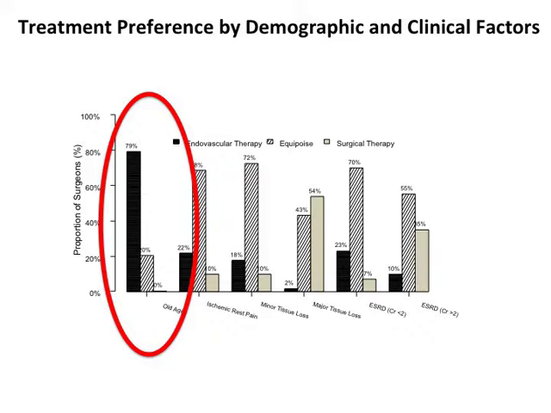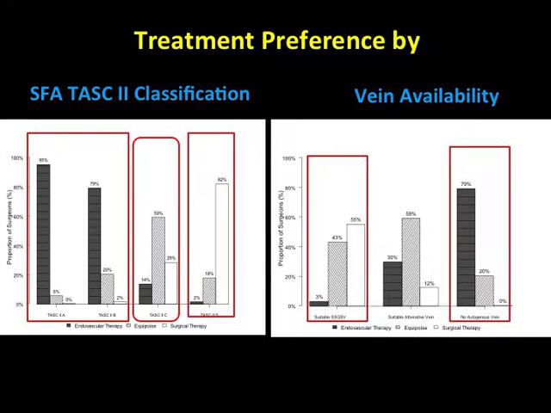Most folks thought that when the patient is older, you may want to lean more towards endovascular therapy. In terms of SFA TASC 2 classification, the respondents felt that for TASC 2A and 2B lesions, endovascular therapy ought to be applied. For TASC 2C lesions, there was significant equipoise. And for D lesions, open surgery ought to be the appropriate therapy.